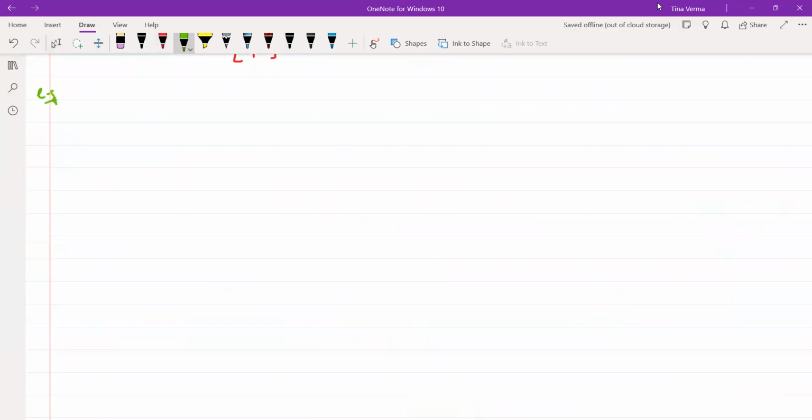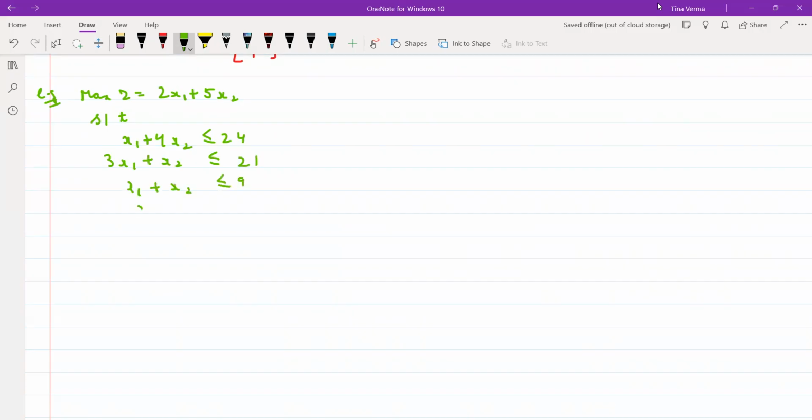So if any question is next given to you, as the question is maximize Z, 2x1 plus 5x2 subject to you have constraints x1 plus 4x2 less than equal to 24, 3x1 plus x2 less than equal to 21, x1 plus x2 less than equal to 9, and x1 and x2 are greater than equal to 0.